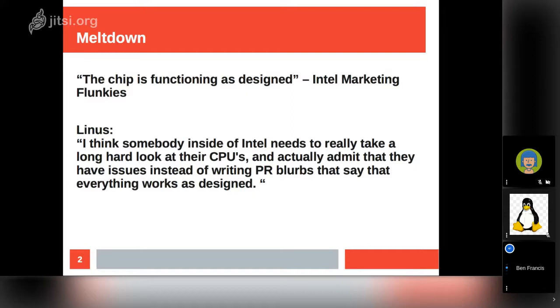I think I recently saw Firefox patches for Spectre. Yes, and I'm glad you brought that up, because it has to be patched in three different places.